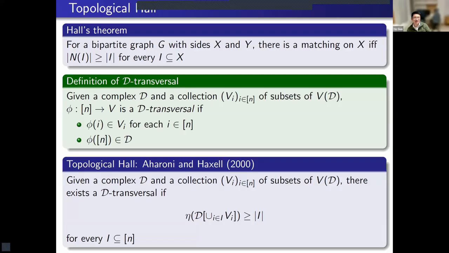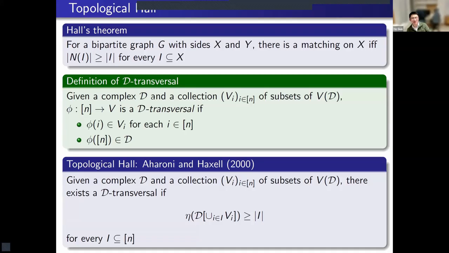We can also define a similar thing in a complex, a counterpart of matching, which we call the D-transversal. So what is a D-transversal?